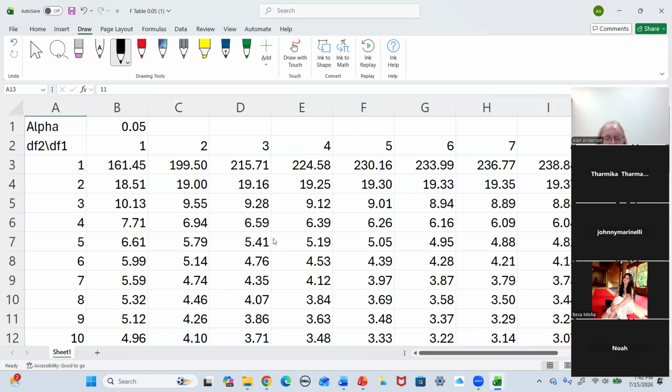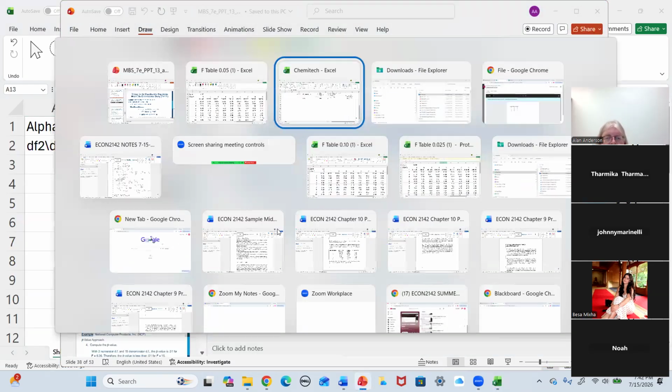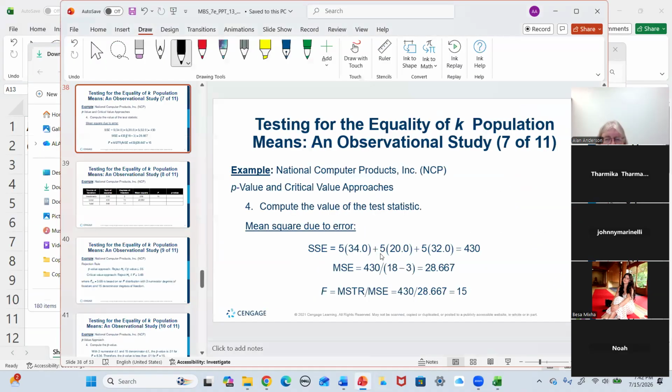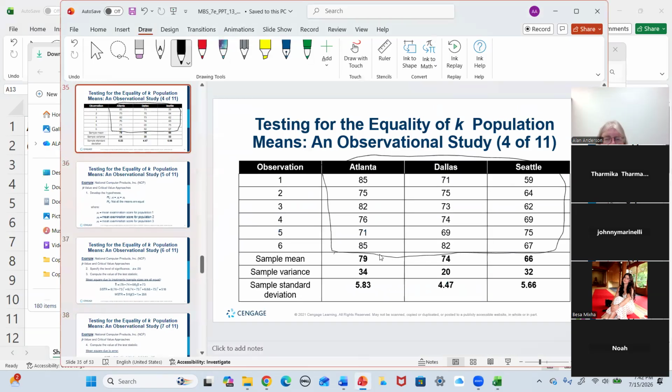So, all right, let me put it back so you can see the data.